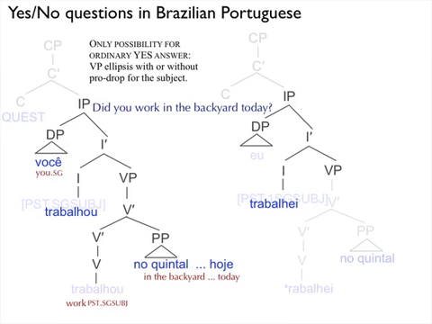And so, therefore, my answer to the question, "você trabalhou no quintal hoje", would be "trabalhei". "Trabalhei sim." Or something like that, where you would have to repeat the I node.